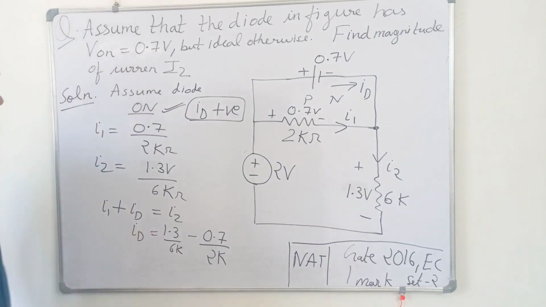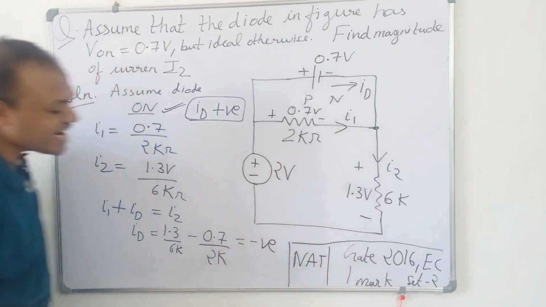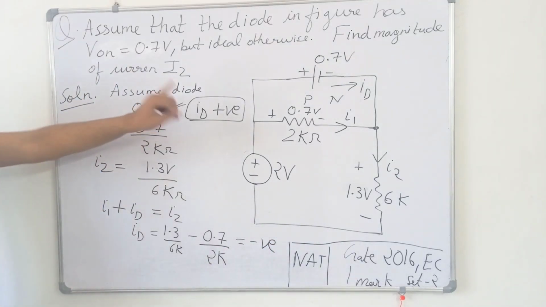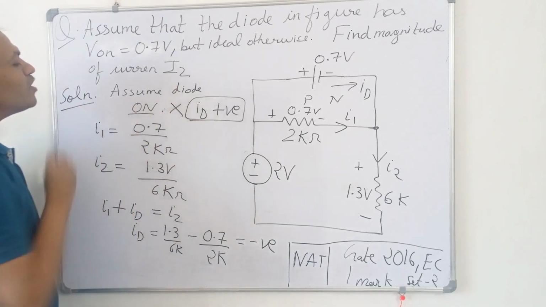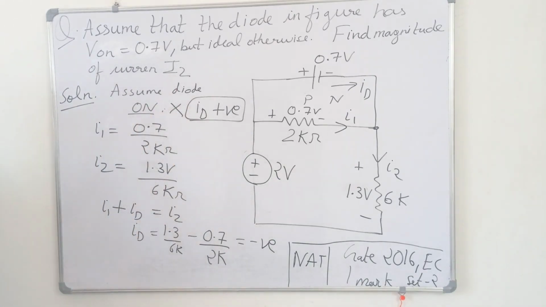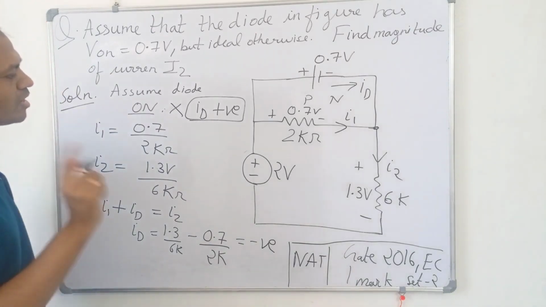If you solve it, the value of ID comes to be negative. So our assumption that the diode is on is proved wrong, and the diode is off or reverse bias.